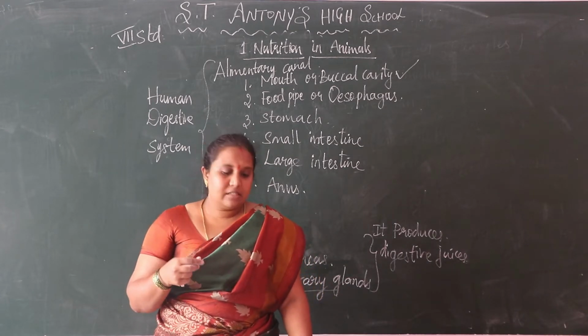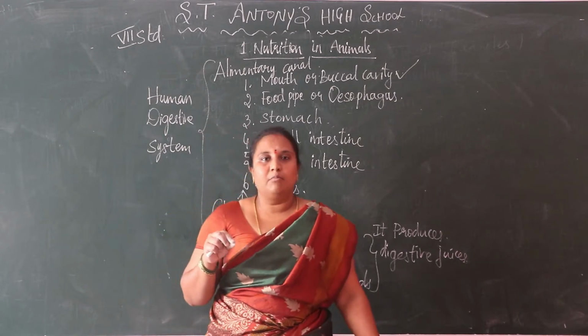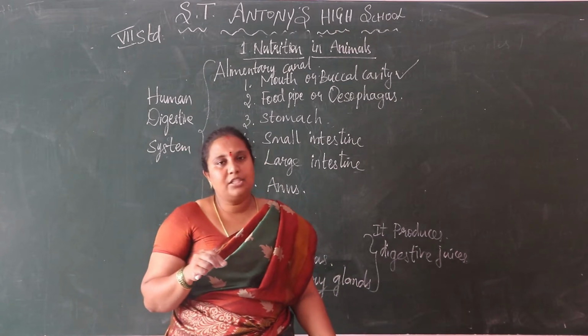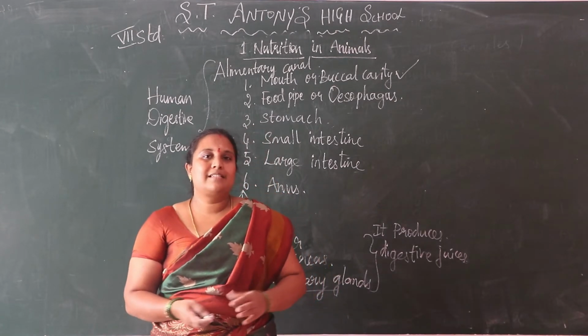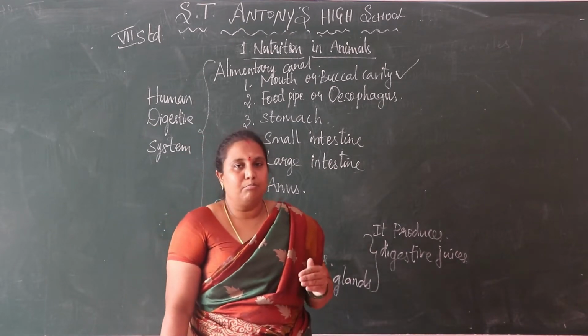First, we should look at the saliva present in our mouth. In saliva there are digestive juices. The salivary glands, including the sublingual glands, are all present in our mouth.